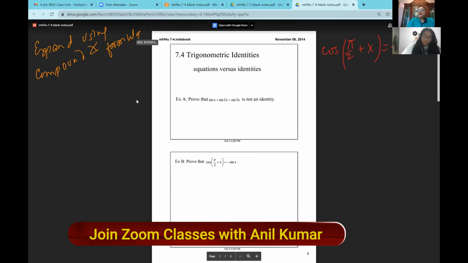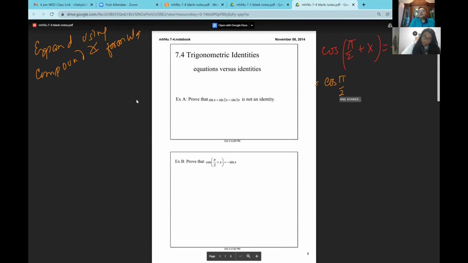Correct? Expand using compound angle formula. What do you get? You get this as cos of pi by 2 times cos of x minus sine of pi by 2 times sine x, correct? Now, what is cos of pi by 2?